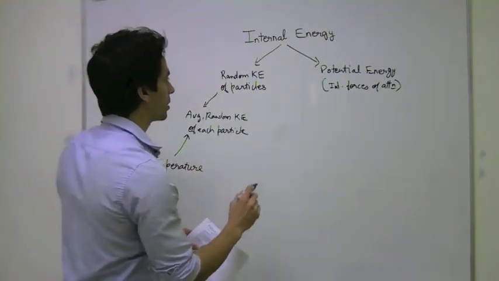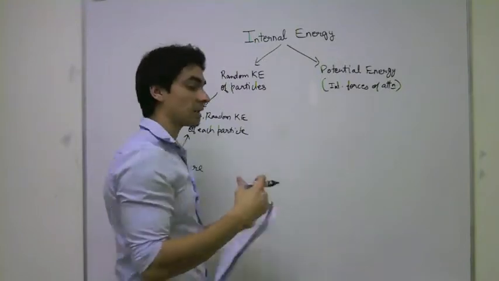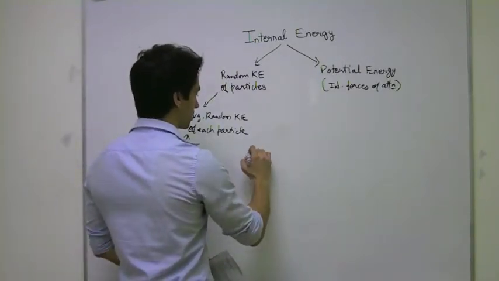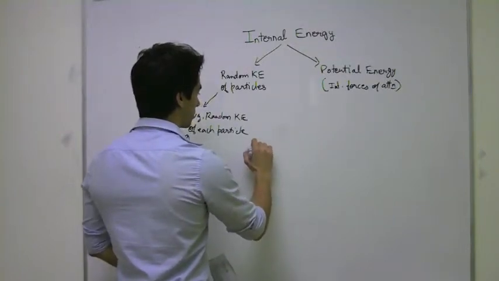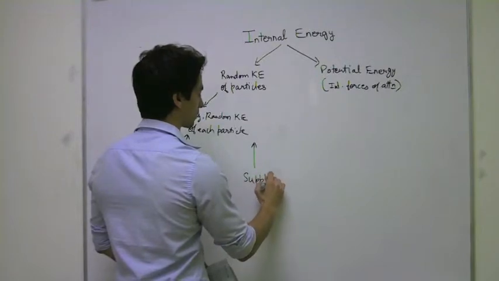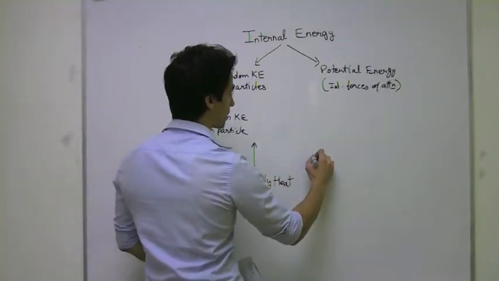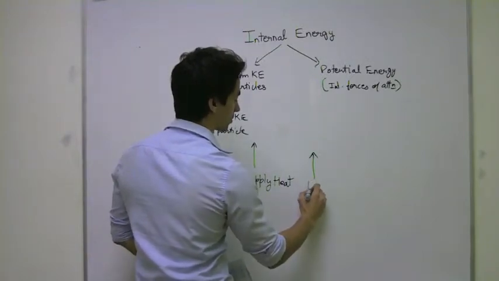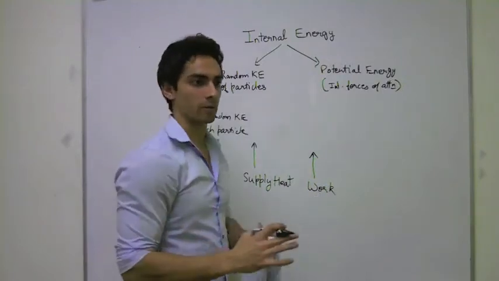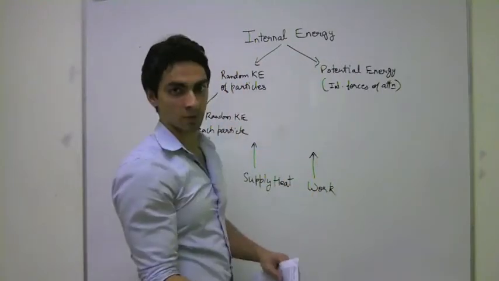Okay? Now, if I need to increase the internal energy of a system, there are two ways. Either I supply heat, or I do work on the system. Basically, if I have a gas and I do work on it, without supplying heat, I can actually increase the internal energy of the system.